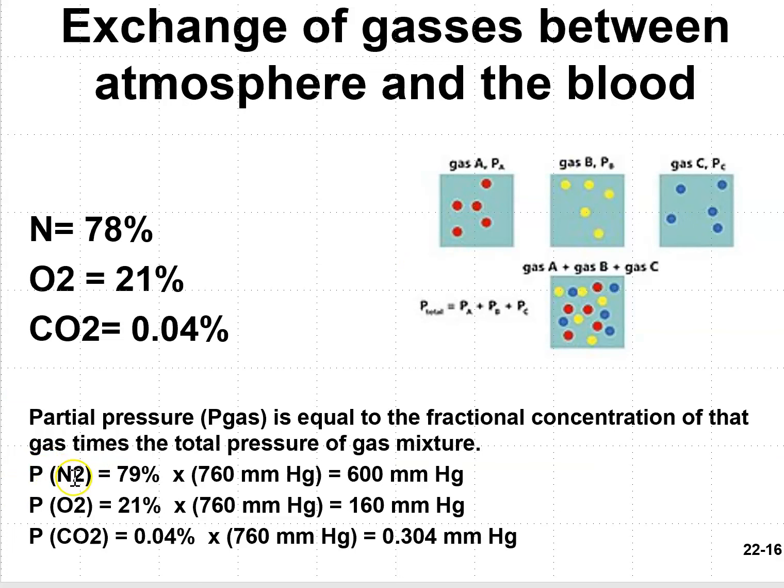So for partial pressure of nitrogen, we multiply the percentage of nitrogen in the atmosphere times the pressure of the atmospheric air. So this amounts to 600 mm of mercury. So this over here is the partial pressure of nitrogen in air. Similarly, the partial pressure of oxygen in air is 160 mm of mercury, and that of CO2 is 0.304 mm of mercury.